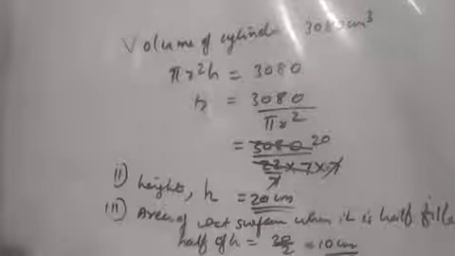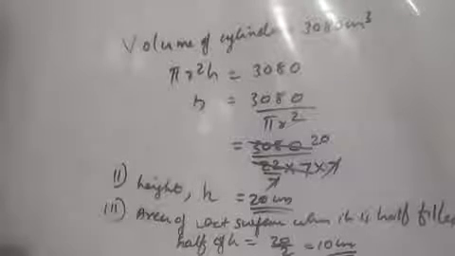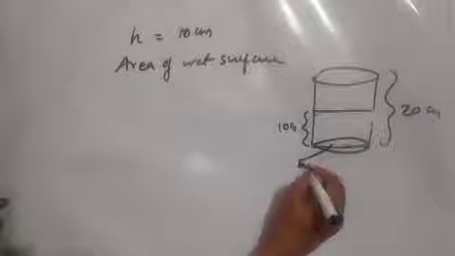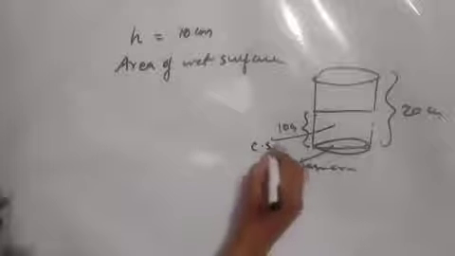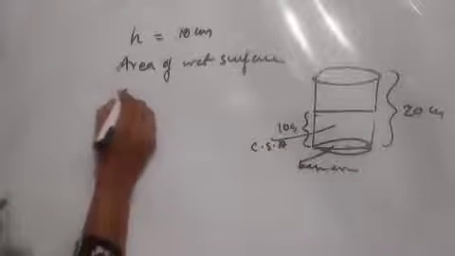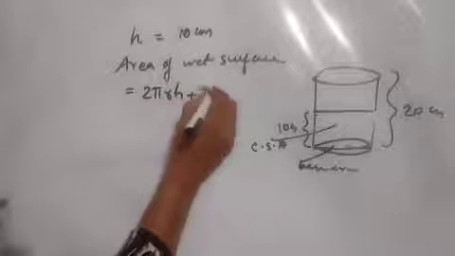It's 10 centimeter. So the total area wet surface is base area plus curved surface area having the height 10 centimeter. Okay, we are taking half portion of the cylinder or considering that is wet surface.